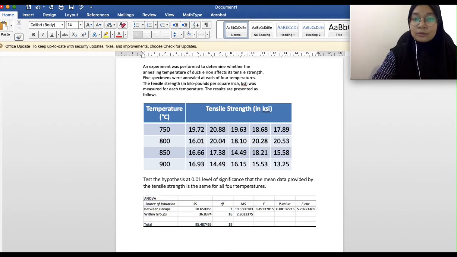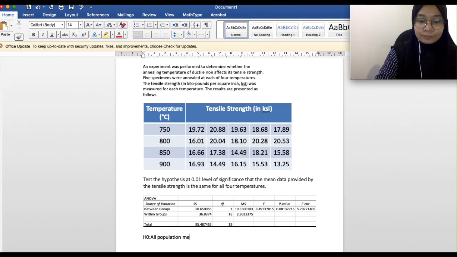So what you need to do, you have the step 1, your H null and H1. So your H null is, I put all population mean is similar, and my H1 is at least one population mean is different.